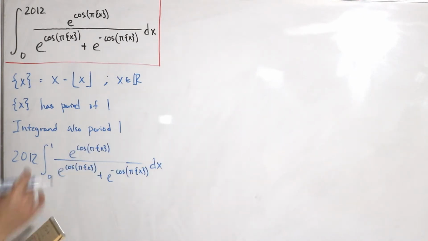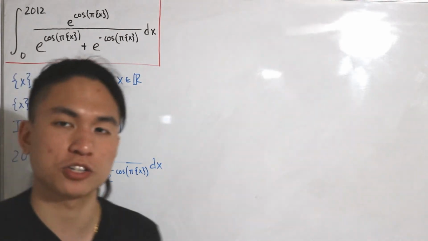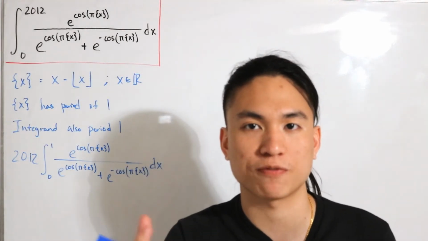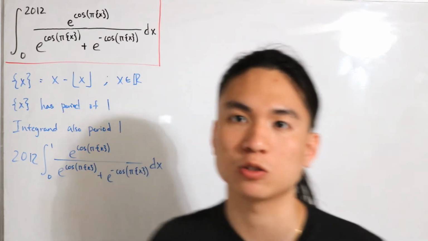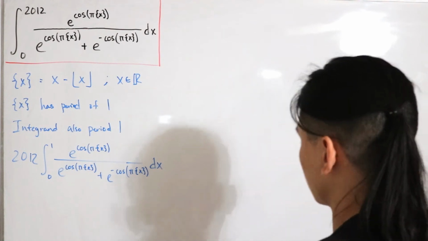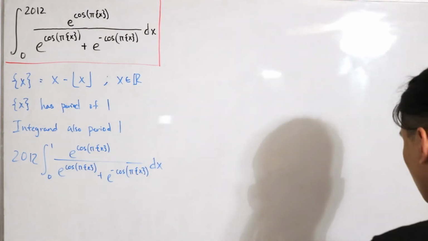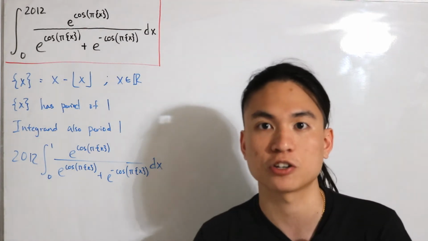Now that we write this thing out, here's something we want to notice: as mentioned, the fractional part of x has a period of 1. So if we look at it specifically on the interval from 0 to 1, with 1 not inclusive, since those are where the discontinuities appear, the fractional part of x is just going to be the linear function x itself.